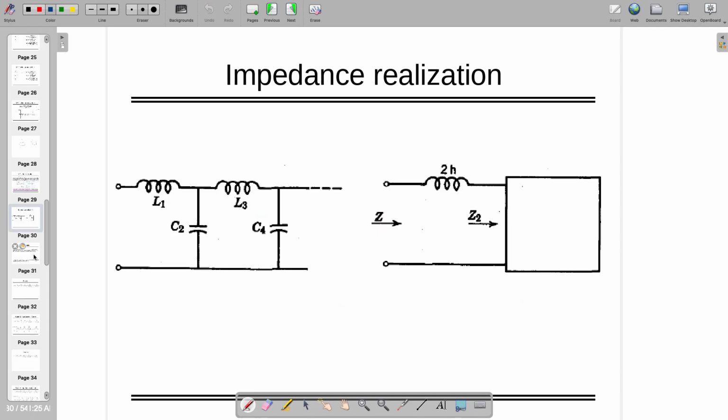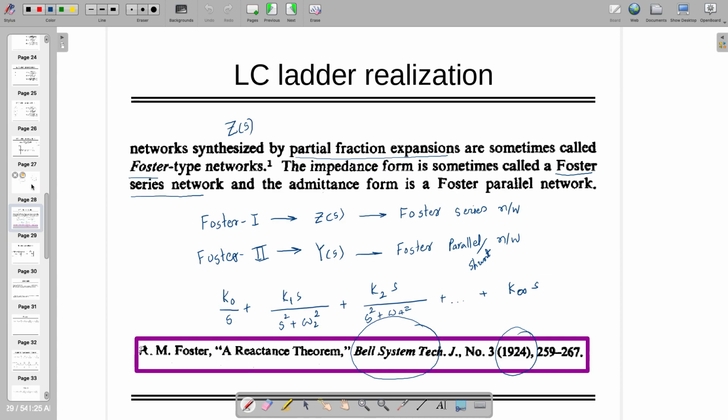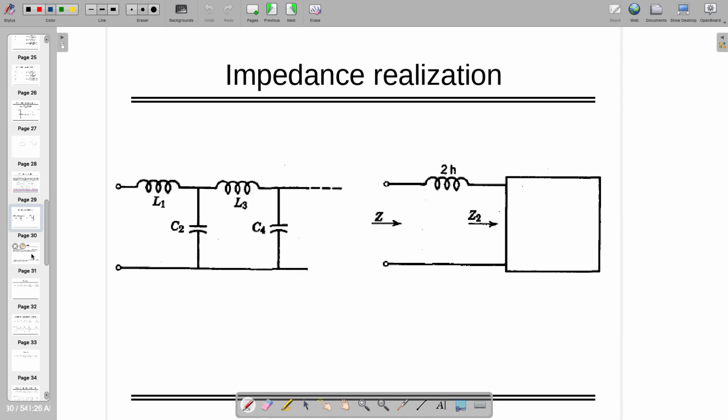There may be another way to realize it. Not this way, which we have drawn just now. You can realize your impedance function or admittance function this way also. Earlier one was this one.